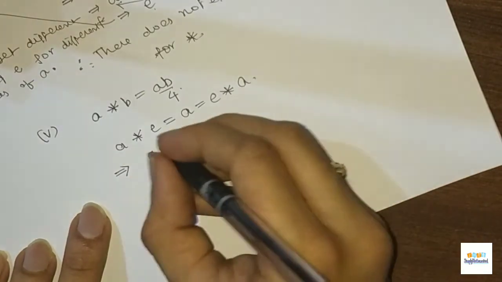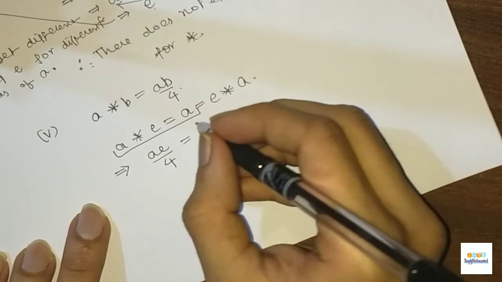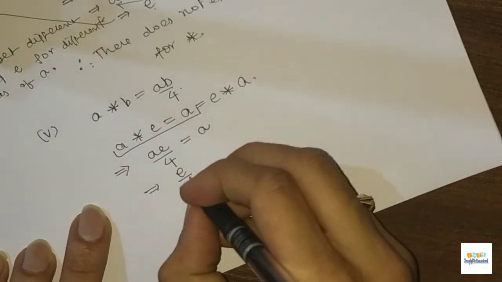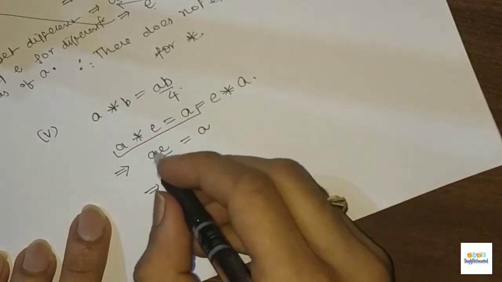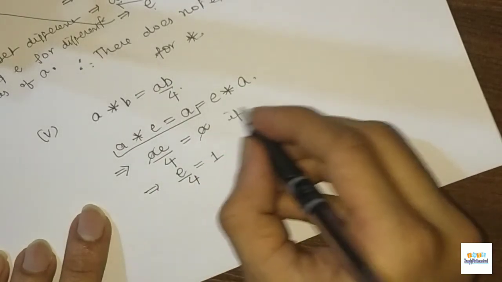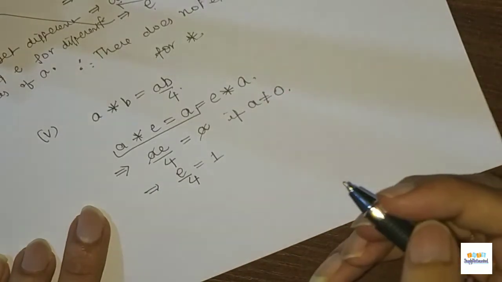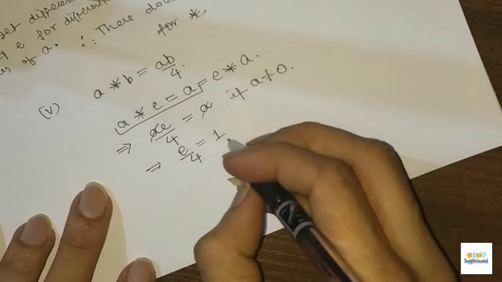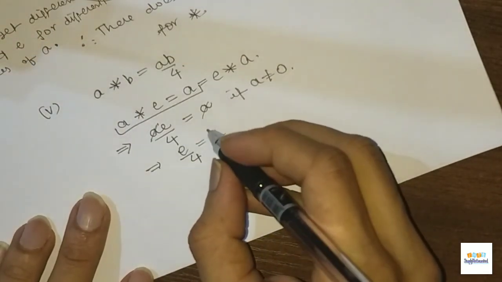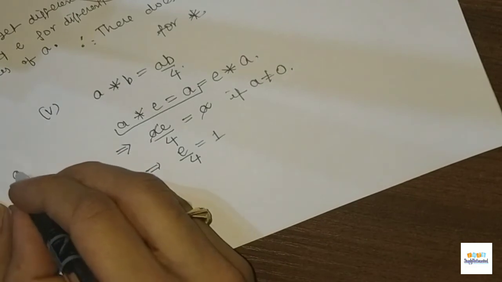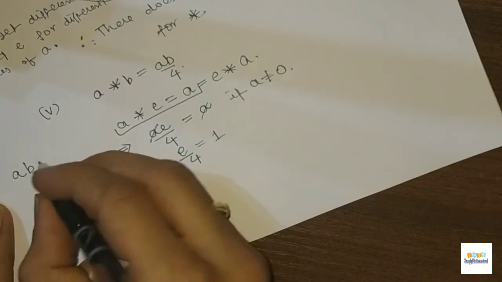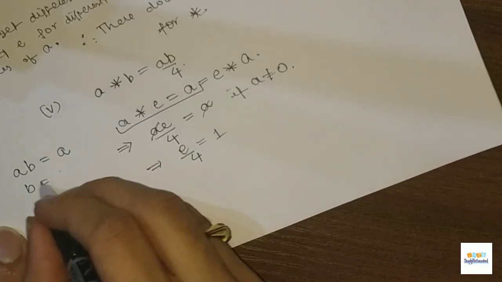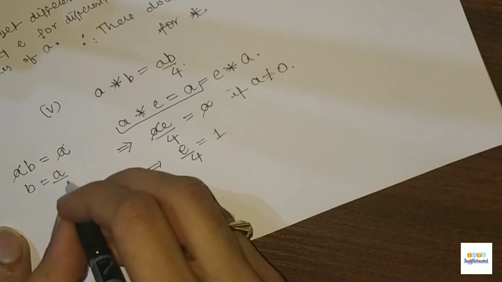From this, what we will get is e by 4 is equal to 1, right? If we cancel this, if a is not equal to 0, we can cancel this only if a is not equal to 0, right? Cancelling means taking a divided by a.